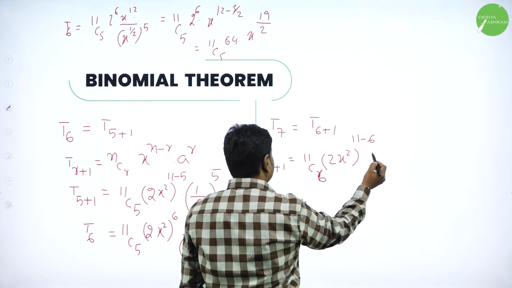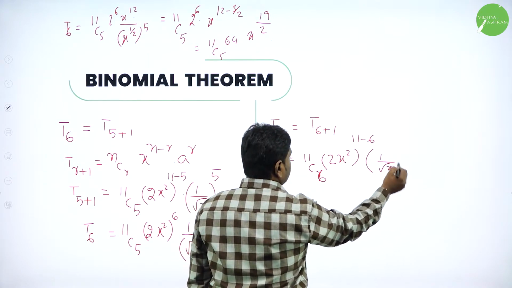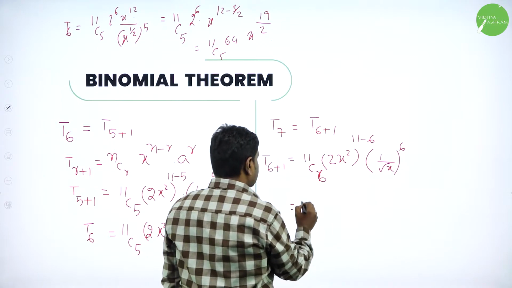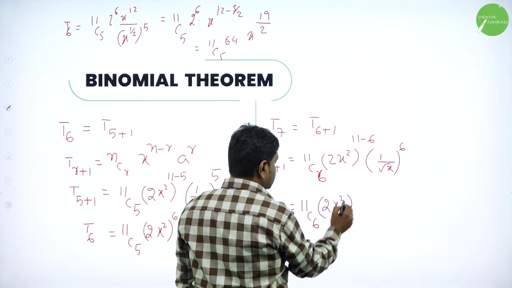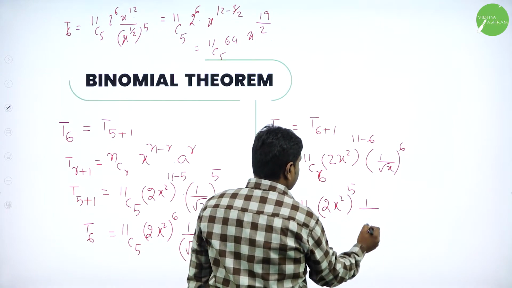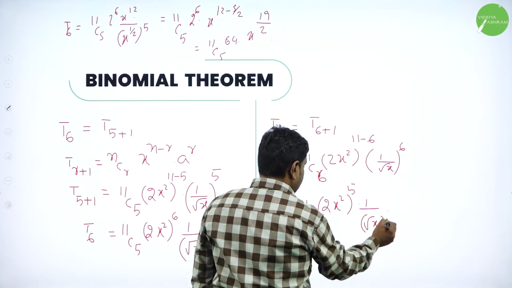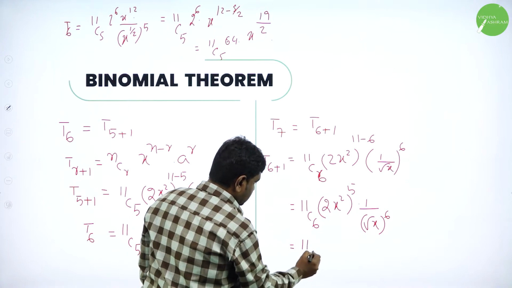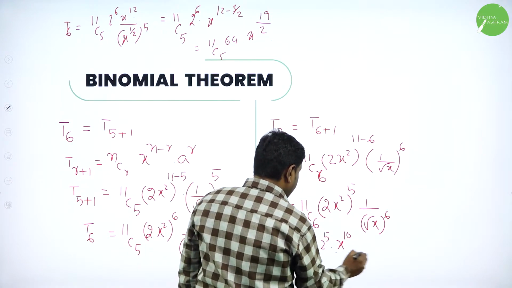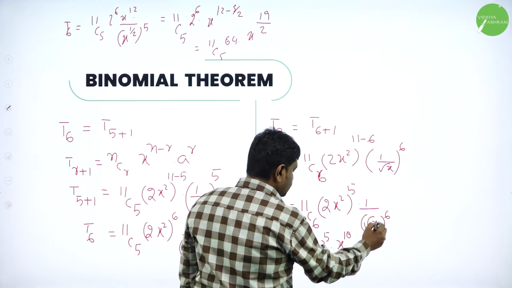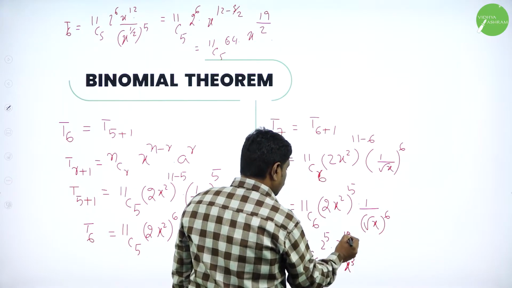And a is what? 1 by root x power r, that is 6. That is 11C6. 2x square power 11 minus 6 gives you 5. 1 by root x power 6. So that is 11C6 into 2 power 5, x power 2 5 is 10, divided by, root of this means it will become x cube. Root means power half.